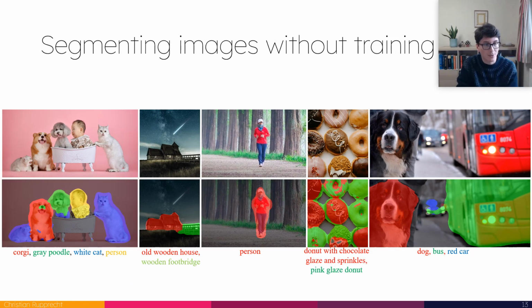That allows us to segment all sorts of different things that you can usually not segment with a classical model, just because there is no training data. So there's no training data set of donuts with chocolate glaze and sprinkles. But if you use a support set generated by one of these powerful image generators, then you can generate examples that you can then directly use.